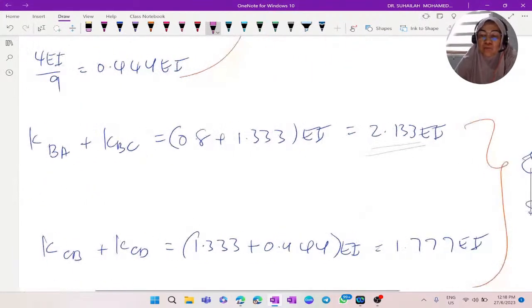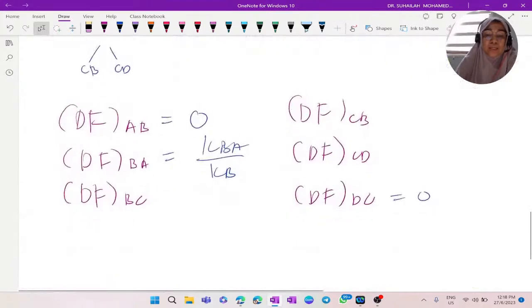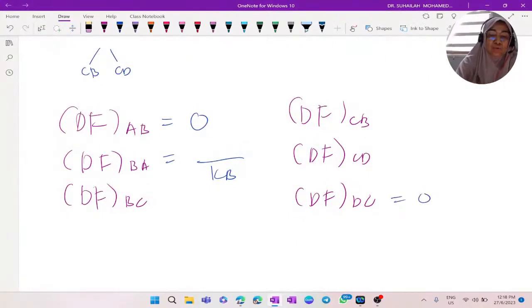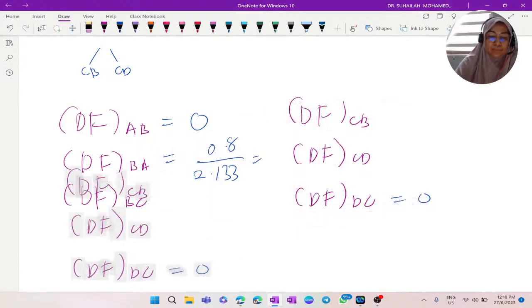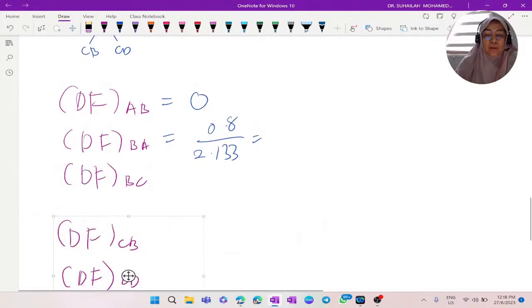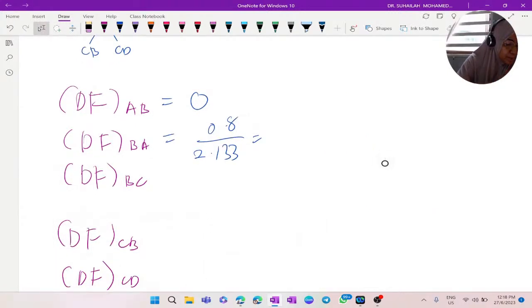So 0.8 divided by 2.133, we get 0.375. The EI will be cancelled.